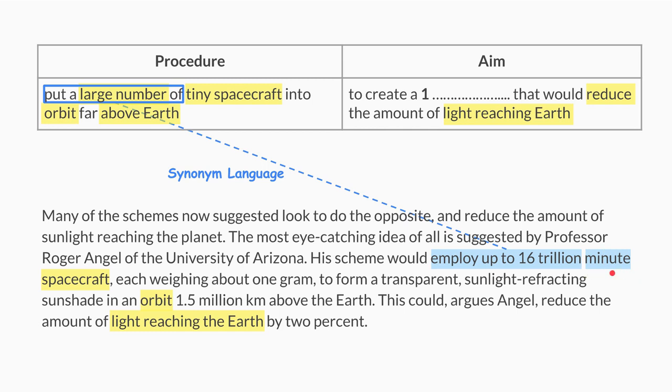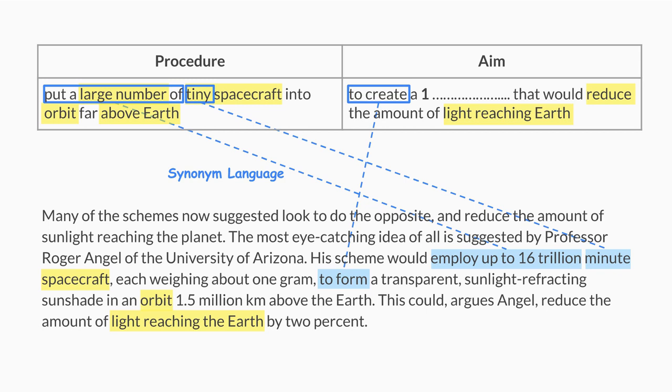The word minute is synonym language for tiny, very small. And finally, to form is synonym language for to create. So here it tells us to form, to create a dash. We're looking for something, it's going to be a noun. To create something that would reduce the amount of light reaching the Earth.